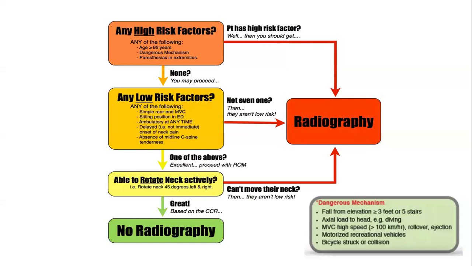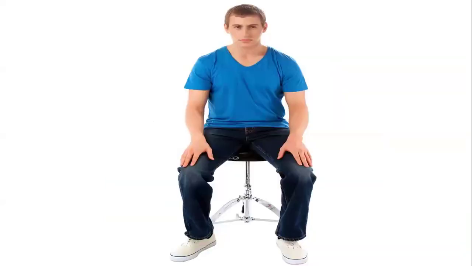You will take data from the patient regarding high-risk factors. You will ask him about the age, about what happened, how can I help you, can you tell me more? And then any weakness, numbness in your limbs, and you will follow also low-risk factors. So you will ask if you find the patient is sitting, so it's a low risk.